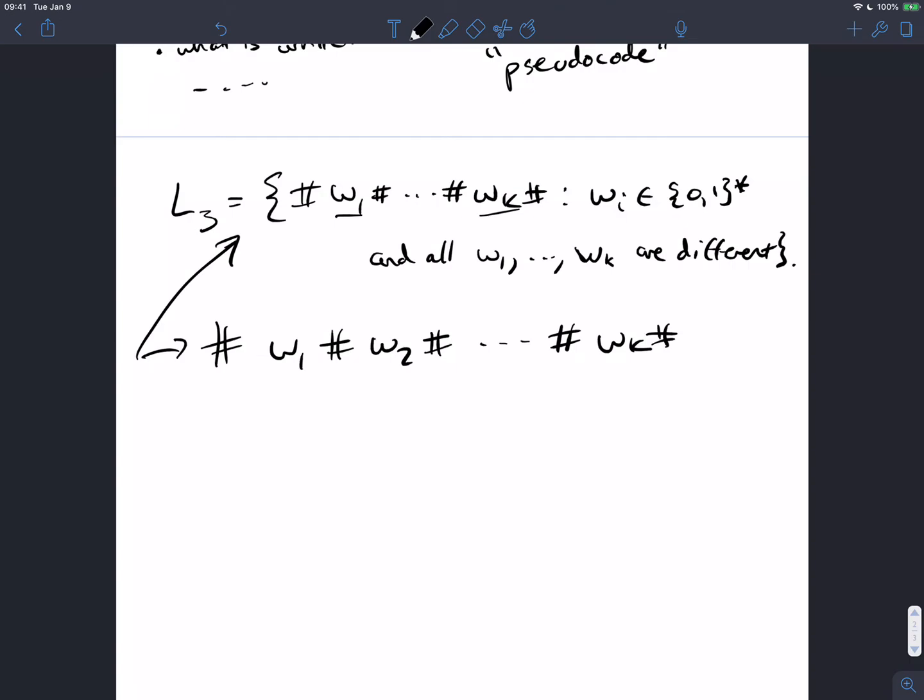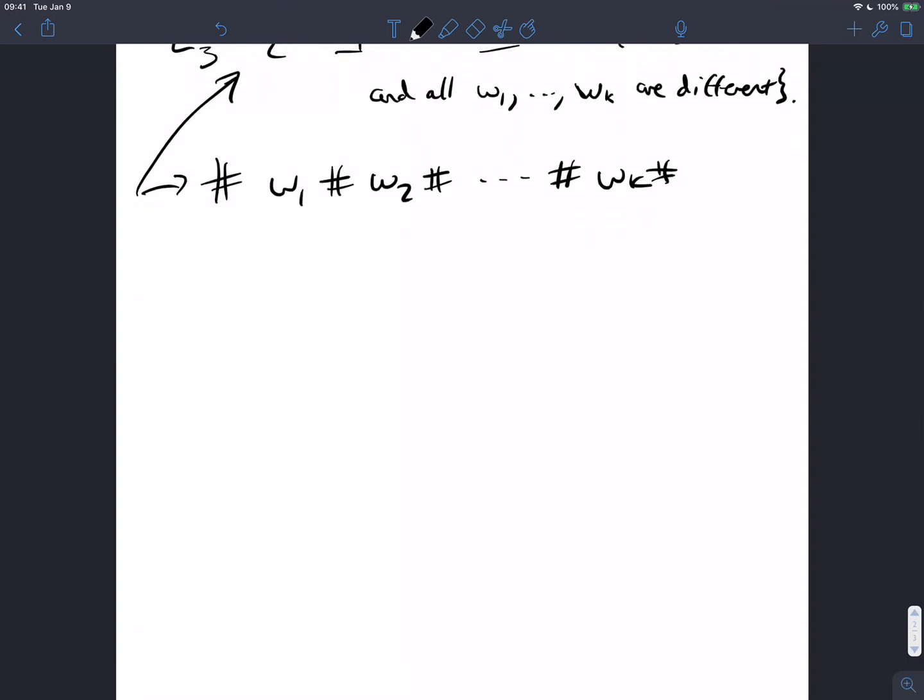I just want the general high-level idea. Compare every pair of strings. Right, compare every pair of strings. So what's the way I can compare every pair of strings? I'm not worried about the comparing yet. We'll worry about that later. How do I get to every possible pair of strings here?